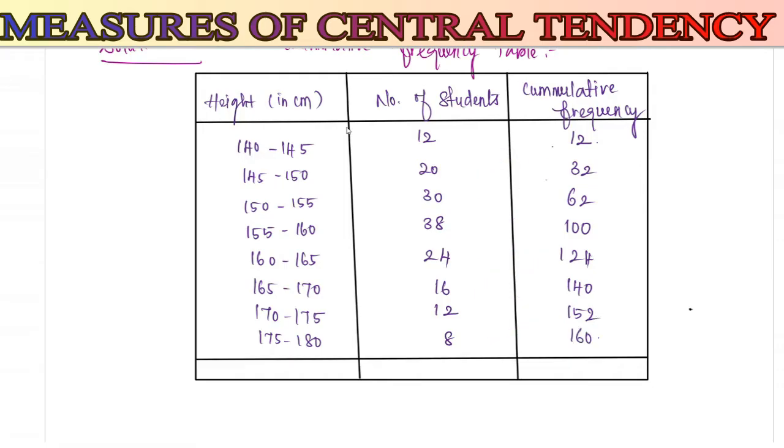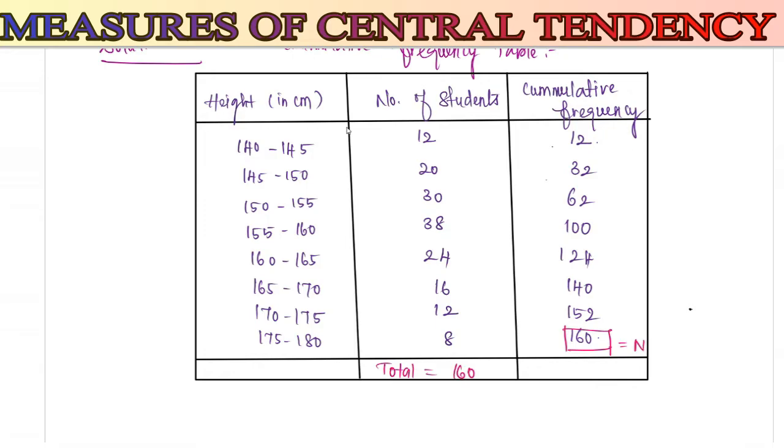In the question they have given that total number of students is 160. So the last cumulative frequency value is also 160, so we can consider n is equal to 160.